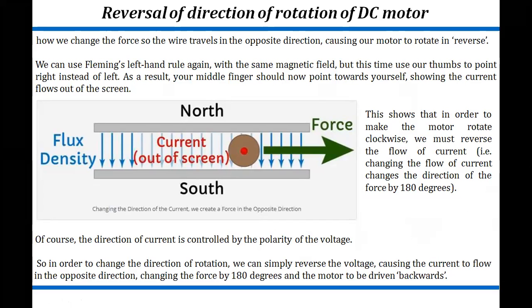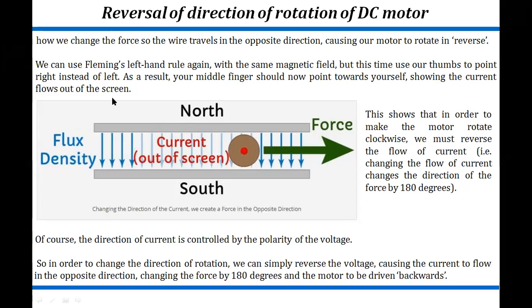If we do one of these two things, we will get the direction of rotation of the DC motor reversed. If we change both, the direction of current as well as the direction of the magnetic field, what will happen?